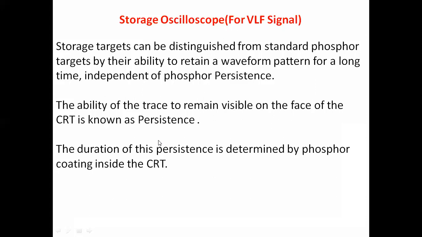Suppose the signal is non-periodic, it just increases and decreases. If the signal is periodic, with the same frequency and amplitude, we can produce the output and observe it on the screen.